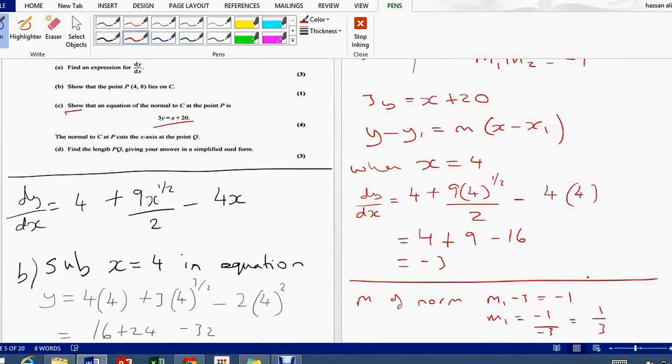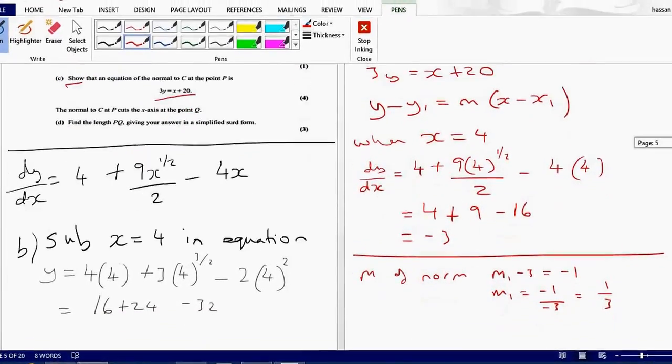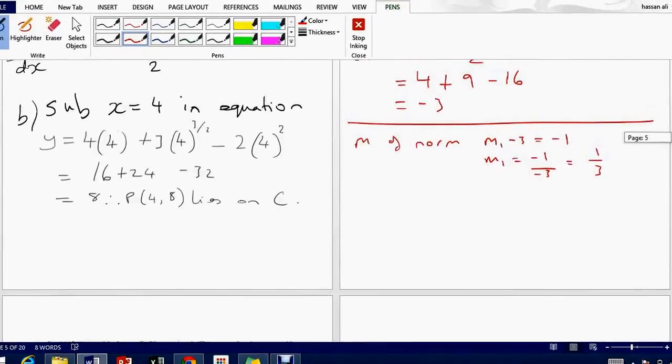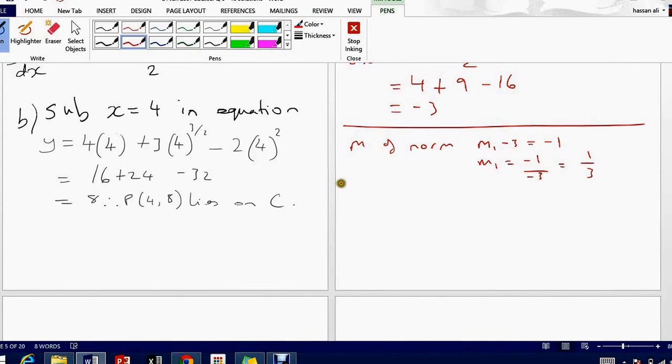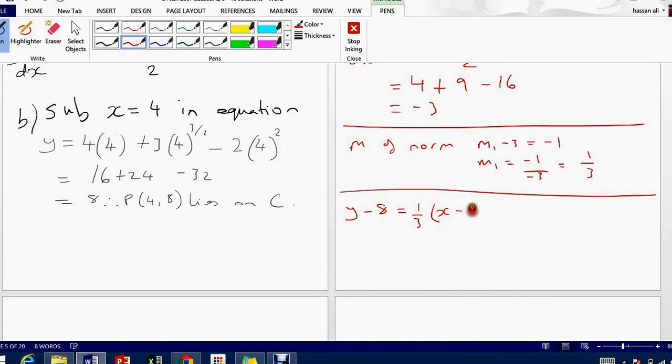Okay, so what we have to do now is work out our equation. For that one, remember we use y minus y1. In this case we had our point 4, 8, so y1 is 8, our gradient is 1/3, and your x1 is 4.